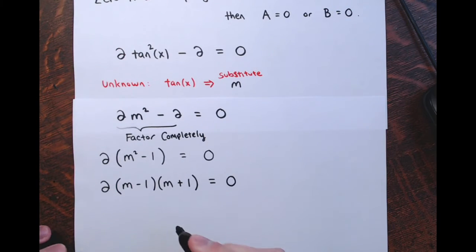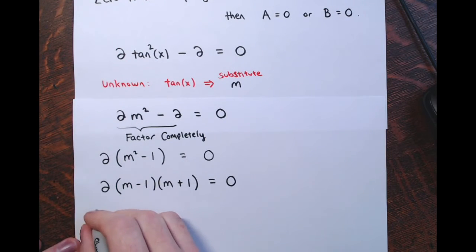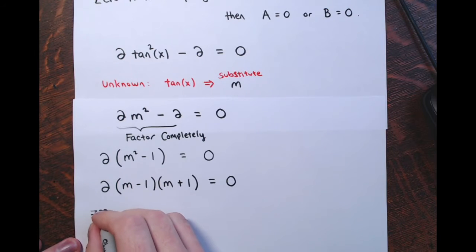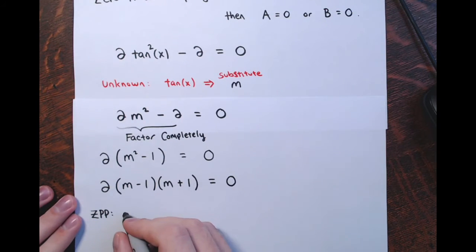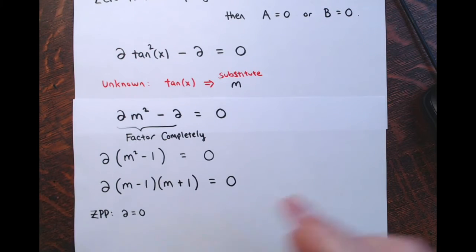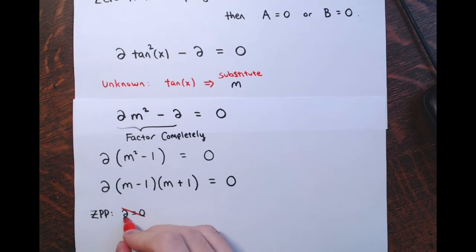And then we apply the zero product property, the ZPP. I have a product equal to 0. So by the zero product property, either 2 is equal to 0, but you're not getting anything out of that, right? There's no variables in that. That doesn't make any sense. So I'm getting no solutions out of that.